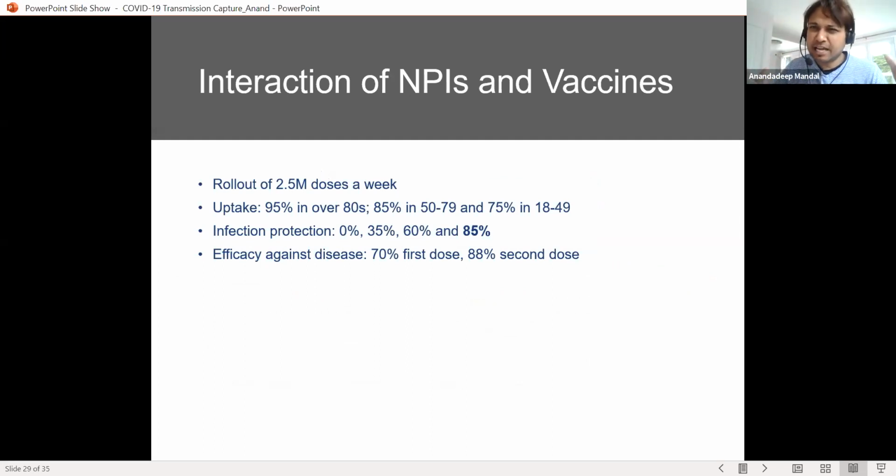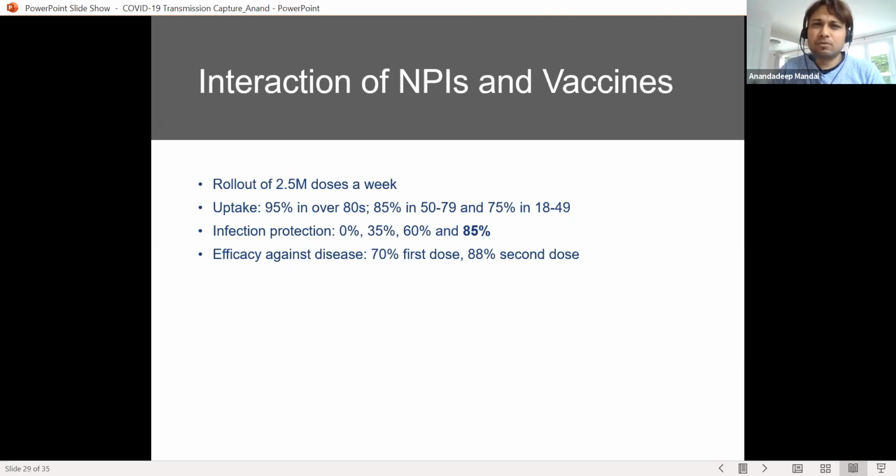But we started having two things happening now: lockdown and vaccination. Don't forget that the UK was under lockdown from October 2020 to April 2021. So we were in a huge lockdown phase with vaccination going on, and hence we are in one of the best places right now in terms of the pandemic spread.